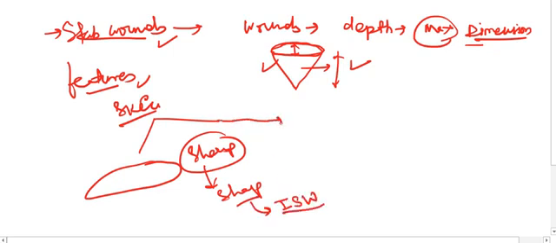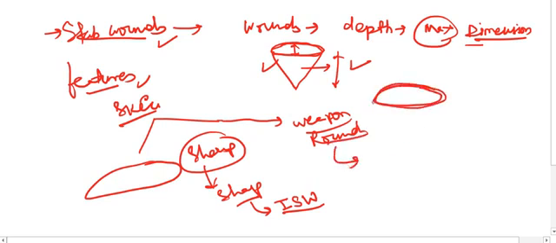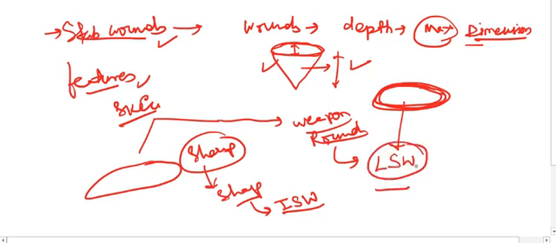But if the stab wound is caused by a weapon with rounded margins, then the margins will be lacerated or contused. So these are known as lacerated stab wounds. So based on the weapon used, we will find the features on the skin surface, whether the margins are sharp or the margins are irregular or contused.